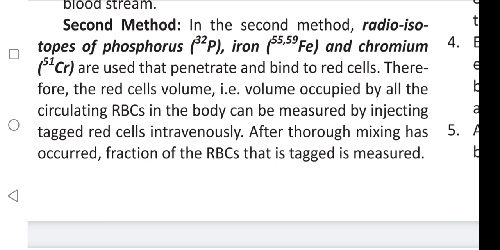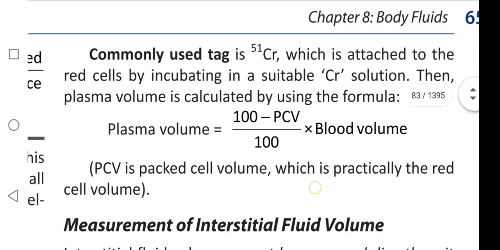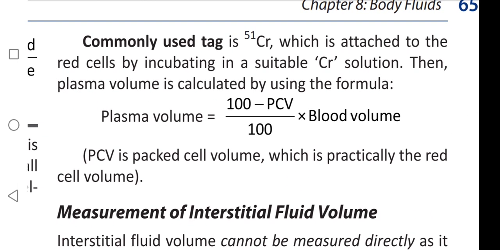The fraction of the red blood cells that are tagged is measured. A commonly used tag is chromium 51, which is attached to the red cells by incubating them in a suitable chromium solution.